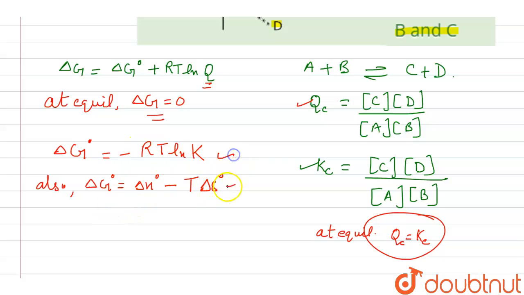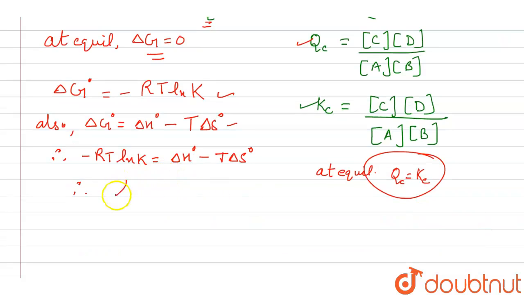Now, if we equate these two equations, therefore minus RT natural log of K is equals to delta H naught minus T delta S naught. So this equation will become natural log of K is equals to minus delta H naught upon R into 1 by T plus delta S naught upon R, right?